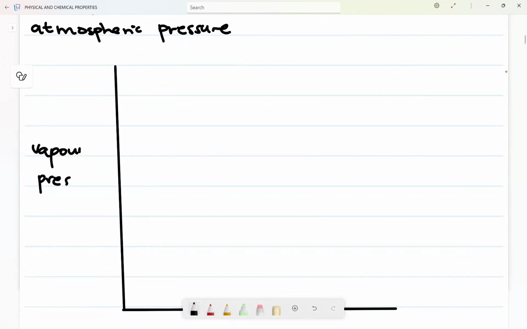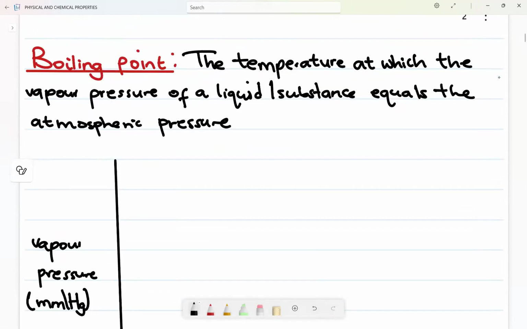Let's measure it in millimeters of mercury. Now let's make our statement that the atmospheric pressure is equal to something like 760 millimeters of mercury.